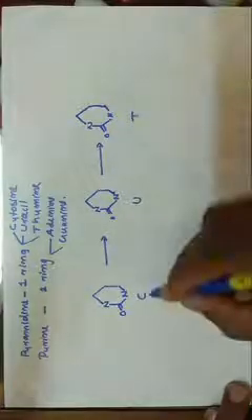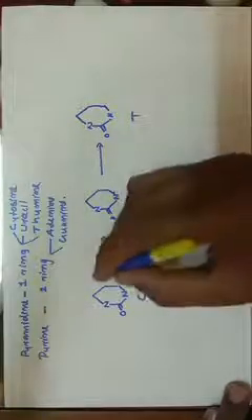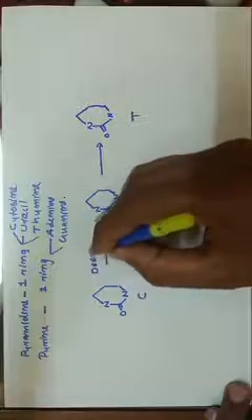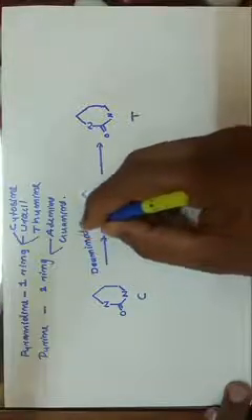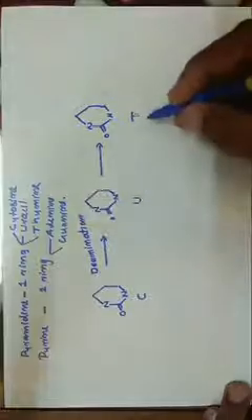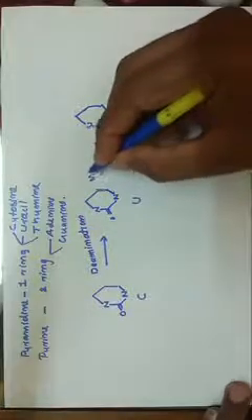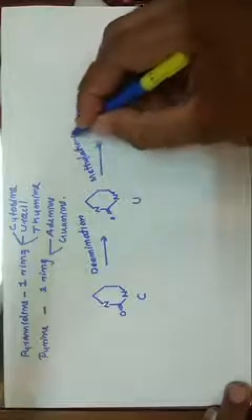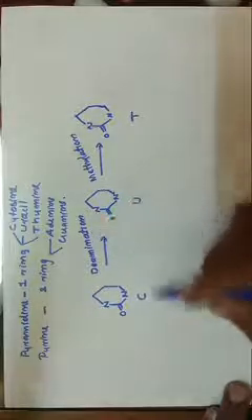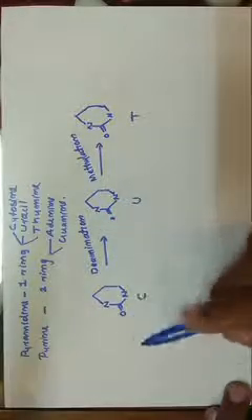Cytosine can be converted into uracil by the process of deamination. Uracil can be converted into thymine by the process of methylation. As deamination should happen, cytosine has an amino group.